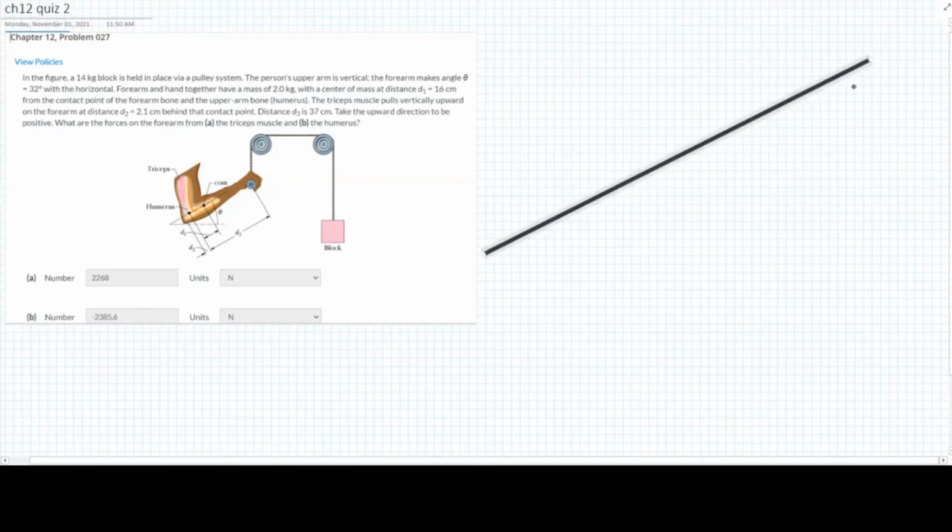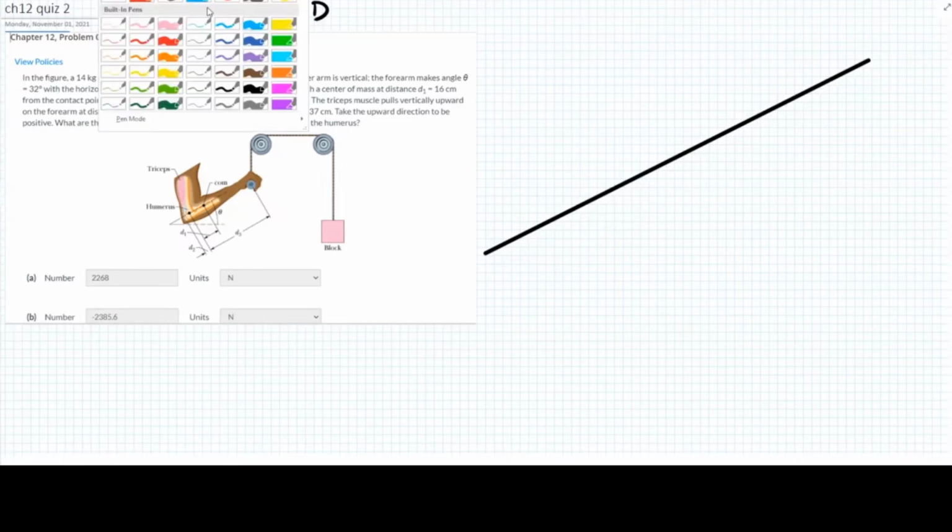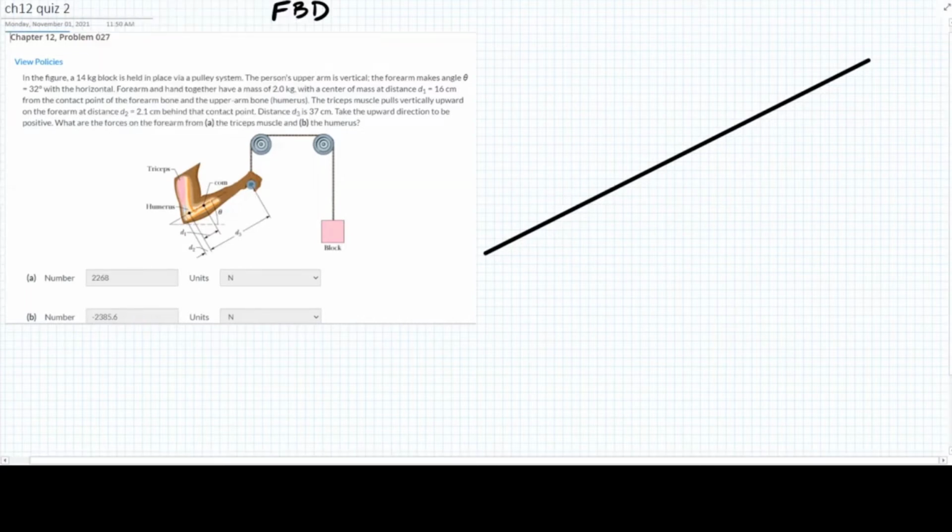That's my body. In terms of free body diagram, the body is the forearm. What are the forces acting on this forearm? I'm going to draw all the forces acting on this forearm. I have this tension force pulling here.